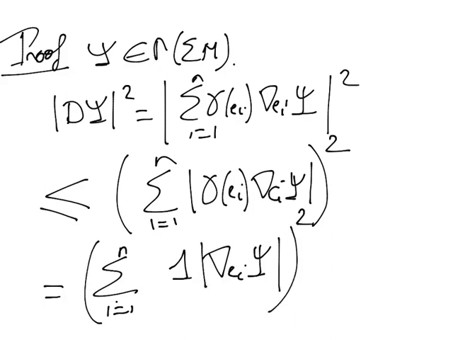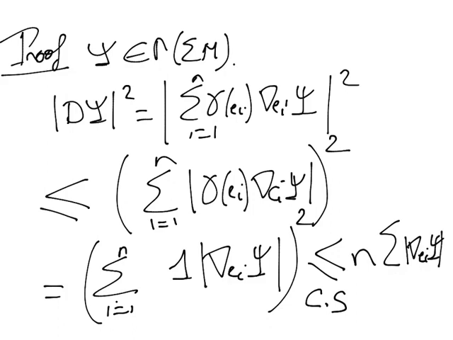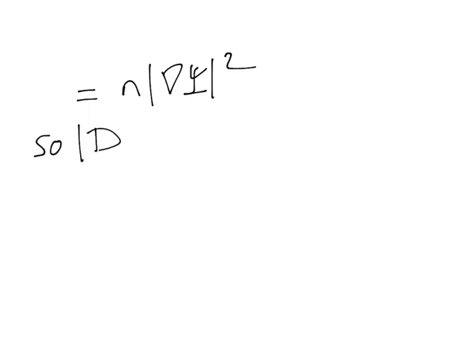Now you apply the Cauchy-Schwarz inequality to get n times the sum of the norms of nabla_{e_i} psi squared, which is of course n times the norm of nabla psi squared.